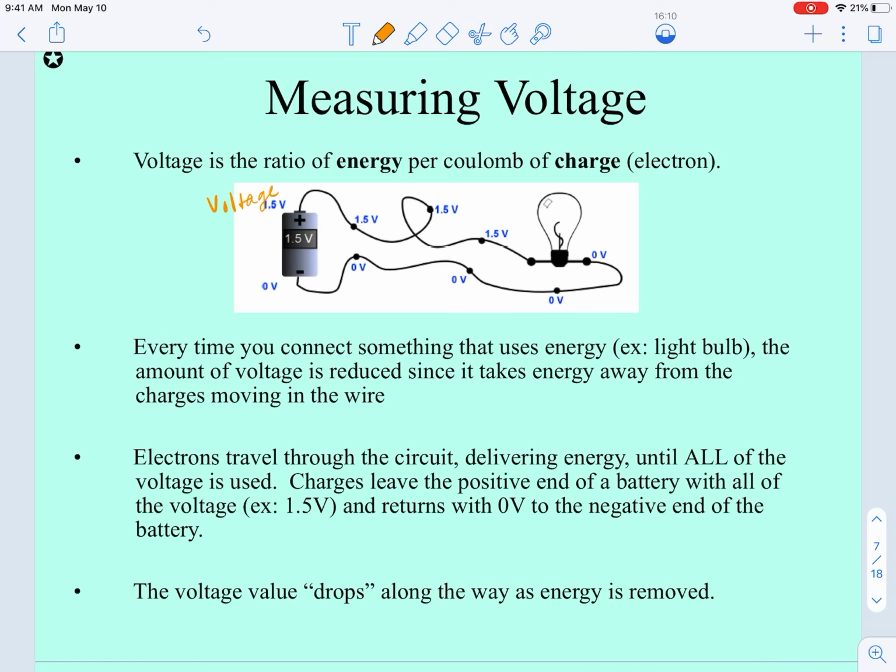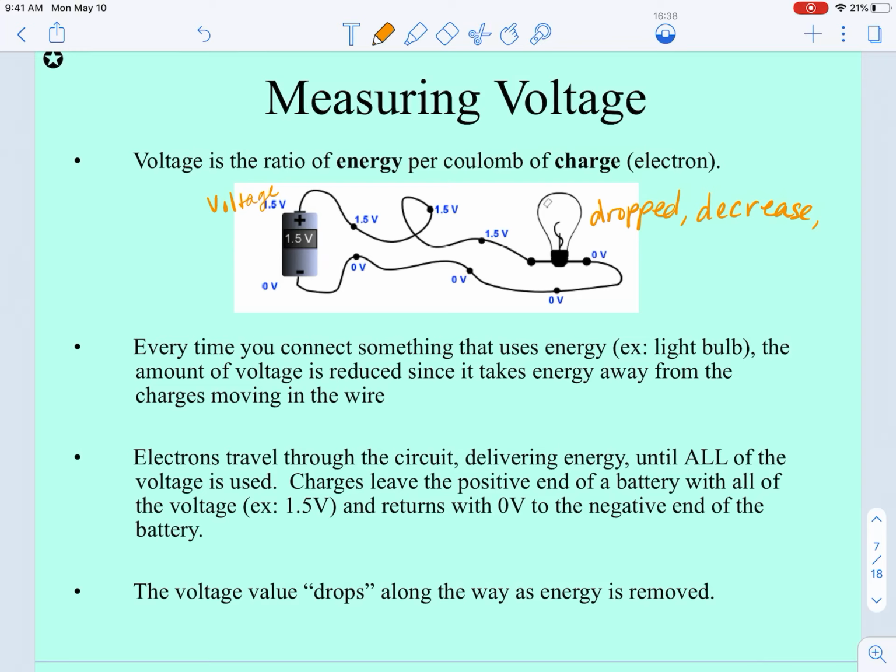You can see that coming out of the light bulb, our voltage has now dropped. We had a decrease in value. We can say that there was a loss of voltage, right? Because some of that energy was given away, and so the amount of voltage available is now less than what it was when it started.